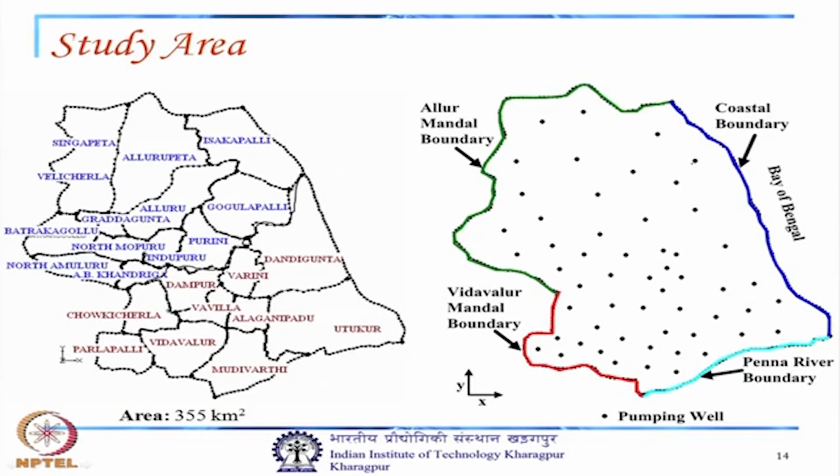Generally we have allocated these pumping wells in such a way that it represents the pumping scenario of each of the villages. These are the villages which are situated in these two mandals. So, in a particular village there can be more than one pumping well, but these are basically representative pumping wells for the study area.